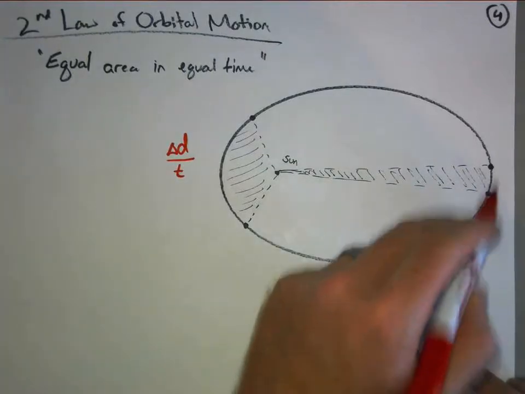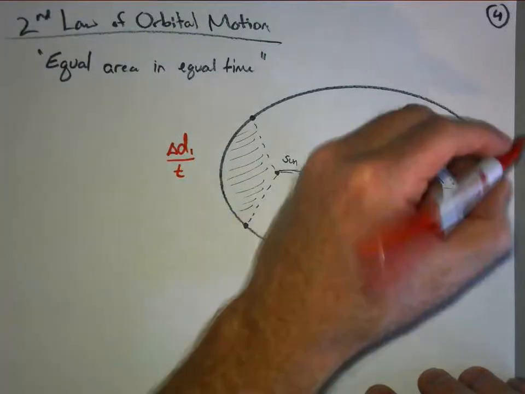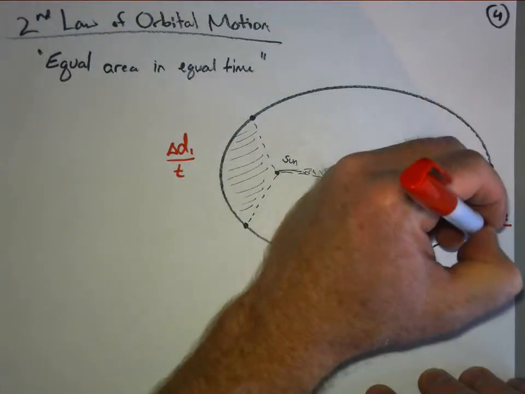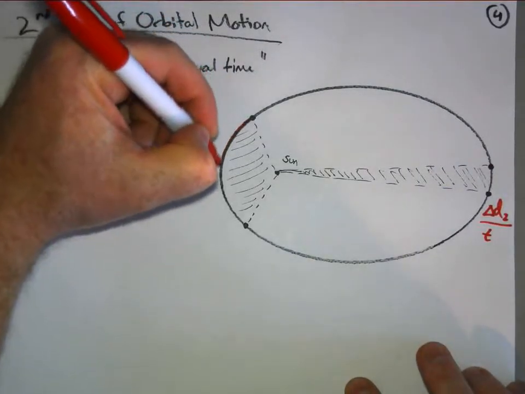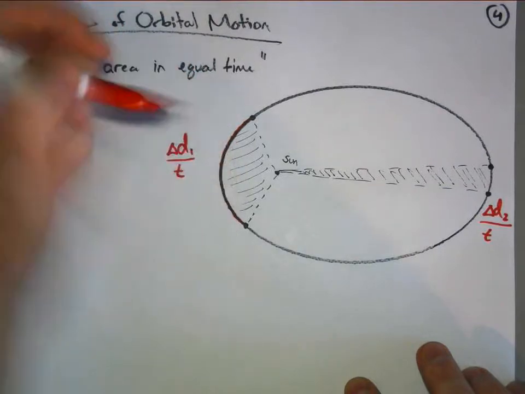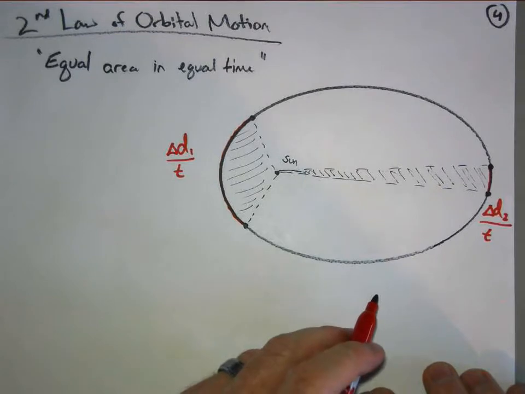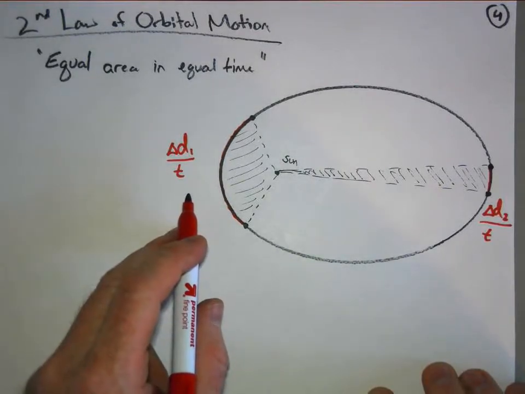Well, there's a change in position here to here as well. So change in position 1 and change in position 2, but I have to recognize this change in position is much greater than this change in position. But the time is the same. So therefore, what's going on?